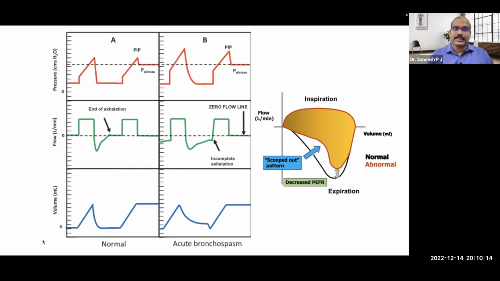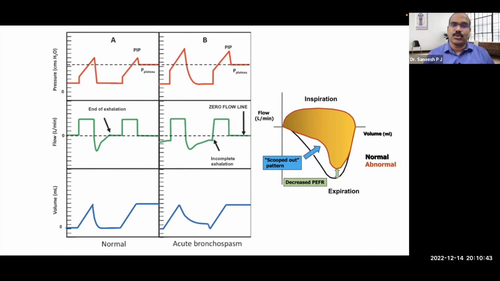Look at the flow versus time. You can find that the exhalation part is not touching the baseline by the time the next cycle starts. This is exactly what we call auto PEEP or intrinsic PEEP or air trapping. So all these can be seen together in case of acute bronchospasm or increased airway resistance.